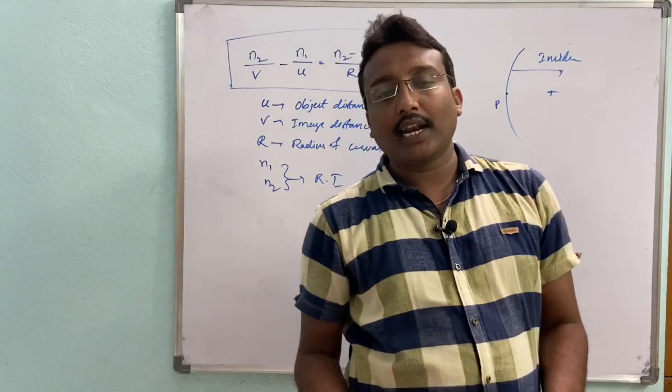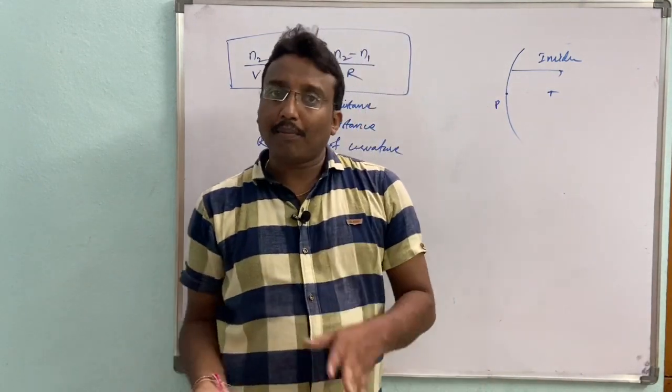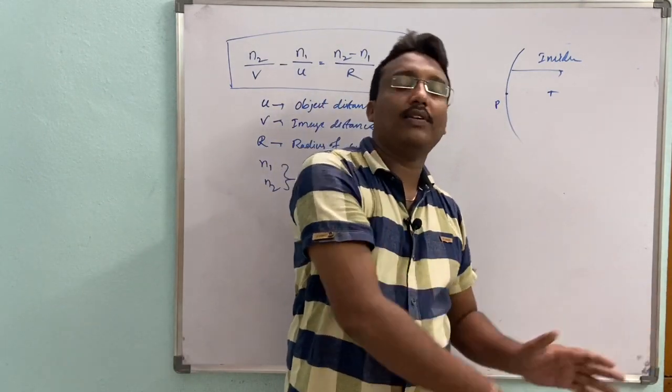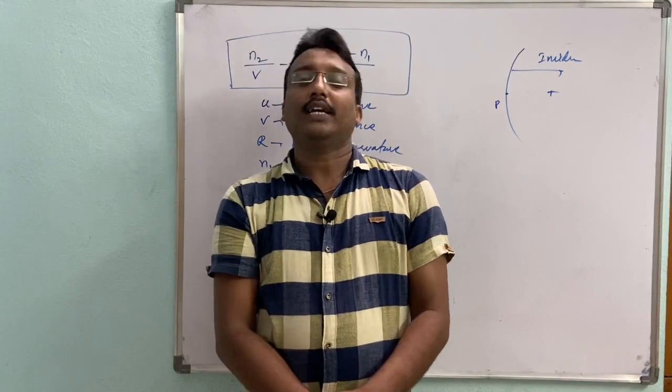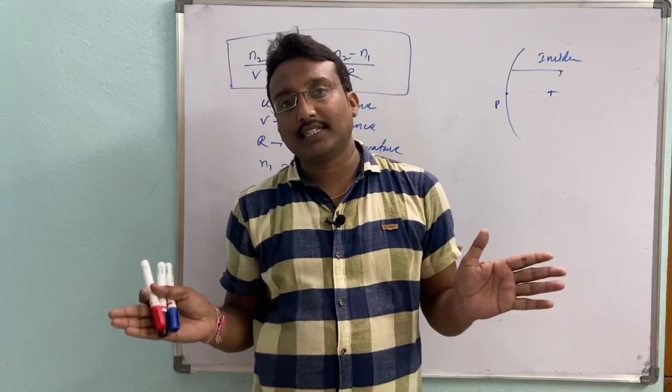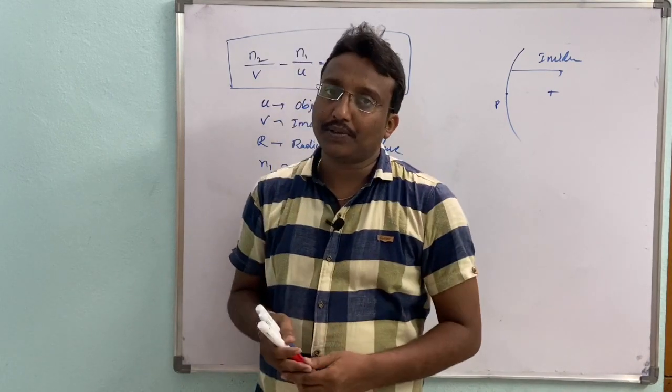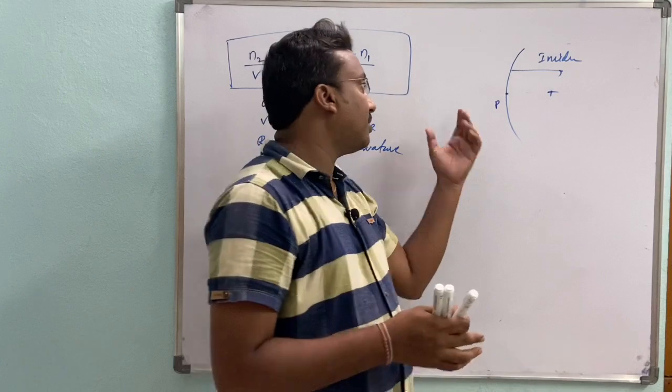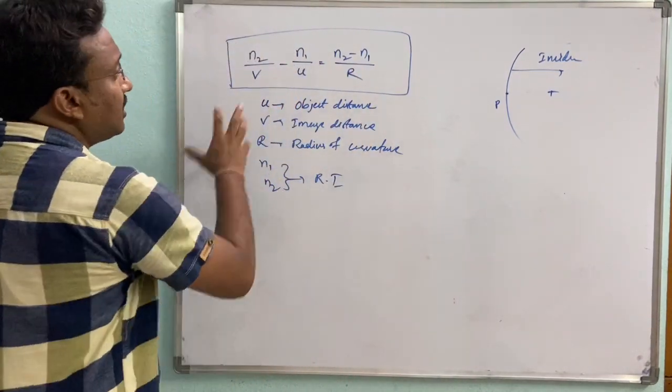If the incident ray and our measurement are in the same direction, we take positive. If they are in different directions, we take negative values. Got it?